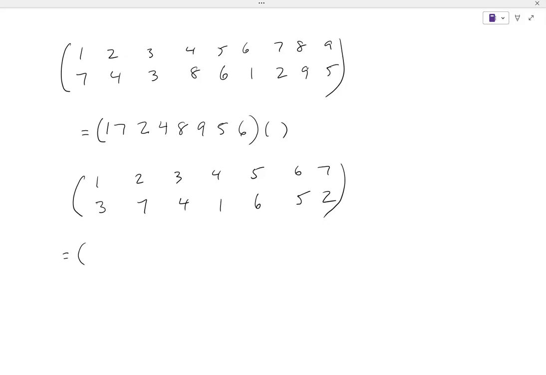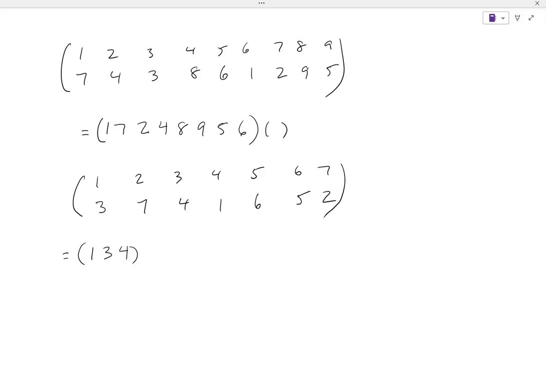Okay. What does 1 get mapped to? 3. Then 3 gets mapped to 4. 4 maps to 1. So we close it off. Does that make sense? Okay. Now, did we take care of everything?